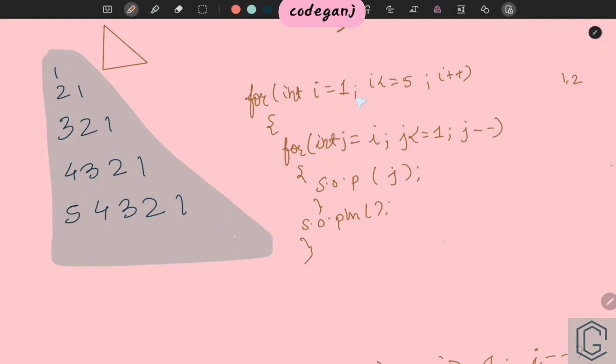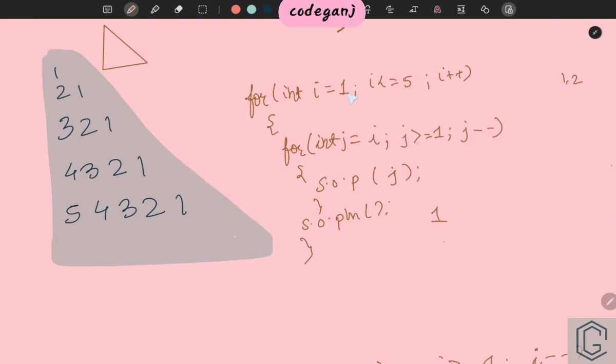And how will it execute? When this is 1, you are in the first row, so i is equal to 1, which means j is 1, j is greater than equals to 1, true, and then 1 will print, then j will become 0, and the condition will become false. The condition has to be greater than equals to 1.